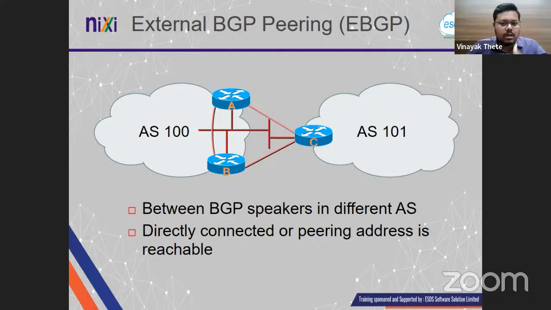Correct me if I'm wrong, if I have understood your question right. Pairing is between two autonomous systems, and to exchange routes, there is a policy, and we can exchange n number of routes. Suppose an organization has 100 routes within the organization, and those routes need to be exchanged with the ISP.